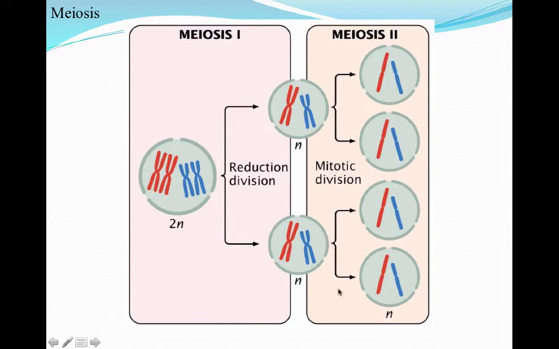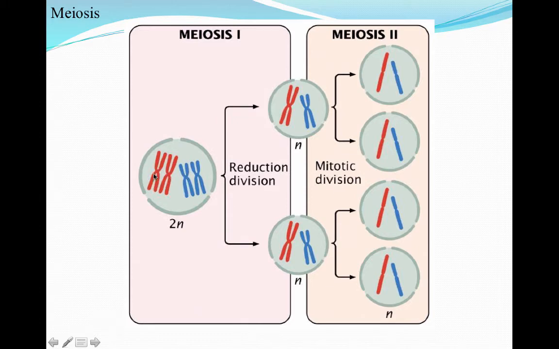In meiosis 1, we begin where we have chromosomal material, or chromosomes, within the nuclear membrane, and those chromosomes are going to have two copies associated with them. So here we'll just treat the red as chromosome 1 and the blue as chromosome 2.